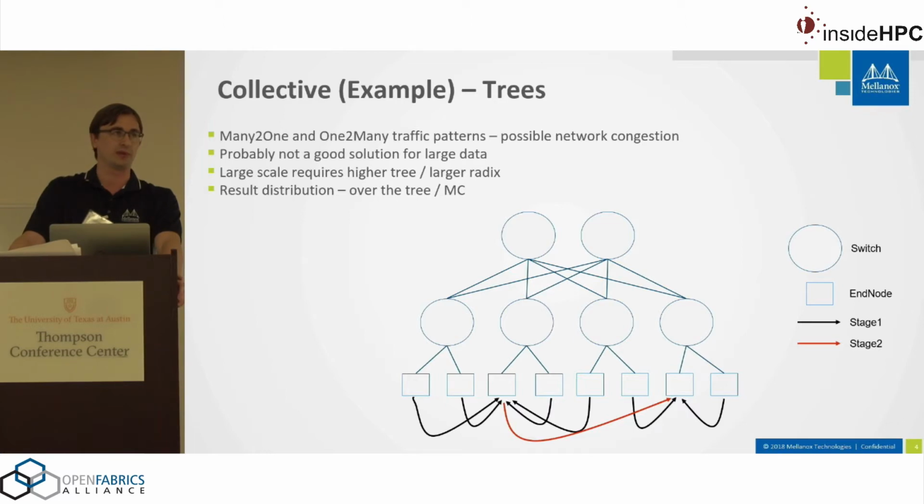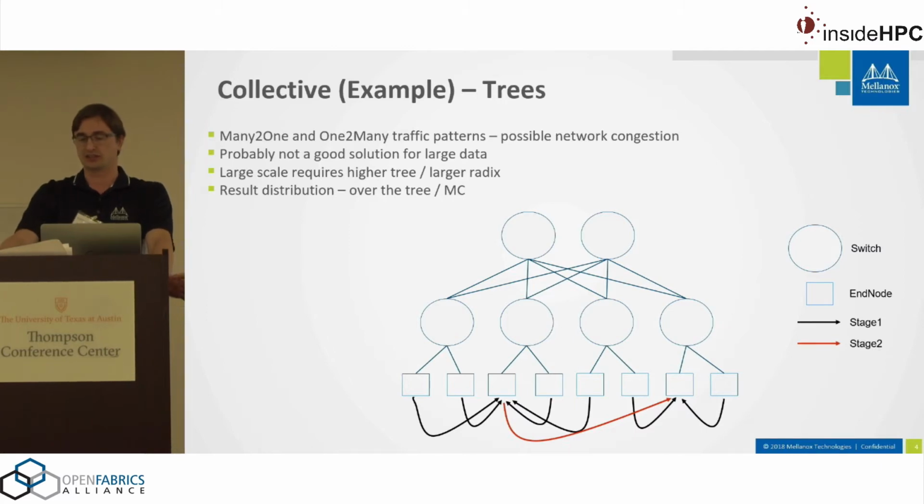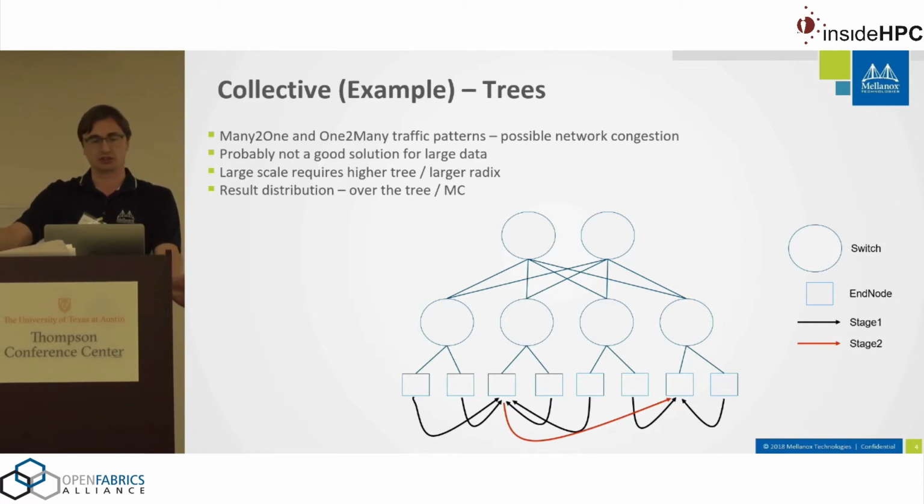And so these tend to become problematic when we start to scale out, because adding more nodes adds additional tree levels and increases the radix, so potentially causing bottlenecks. And then when you go to distribute this data, of course, you run into the same problems, though we have some solutions to distribute this data using multicast.